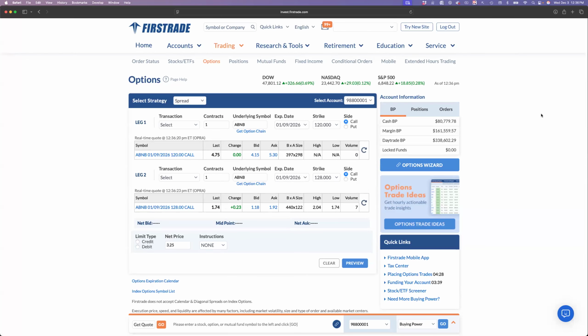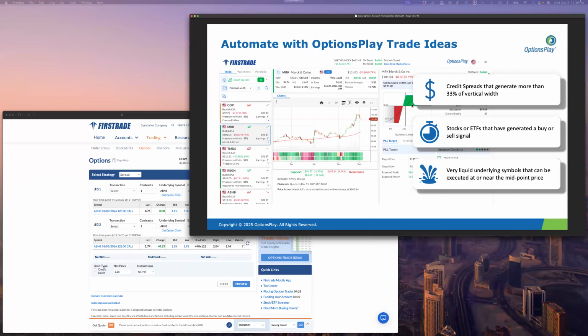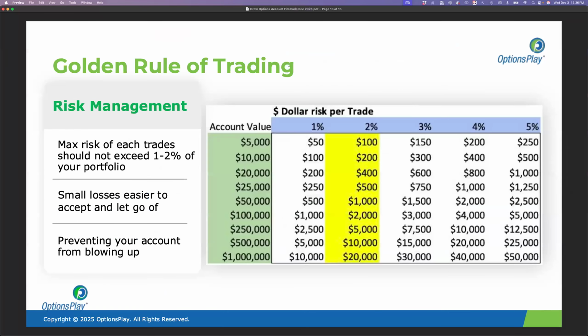Okay, so then let's flip back to a really important aspect of this, because up until now, we've helped you identify the opportunity. But what's more important in terms of your success of growing your account is not just finding the opportunities, but more importantly, sizing those opportunities appropriately for your account size.